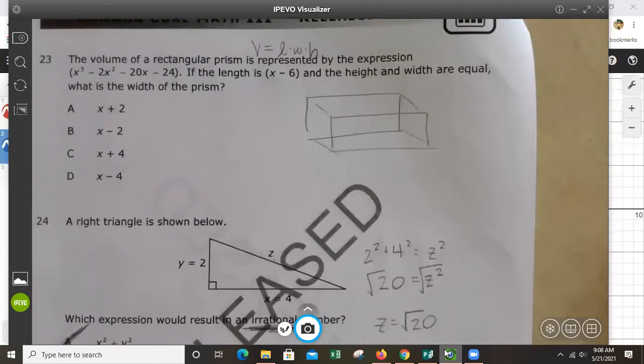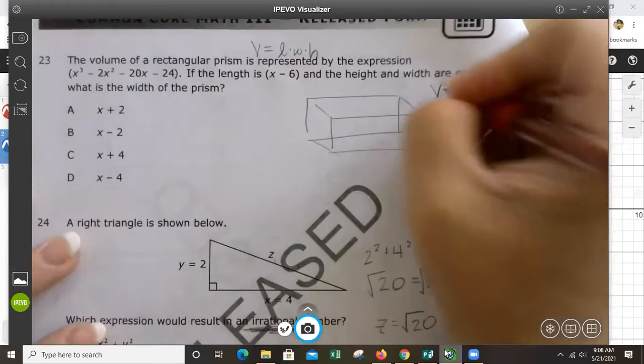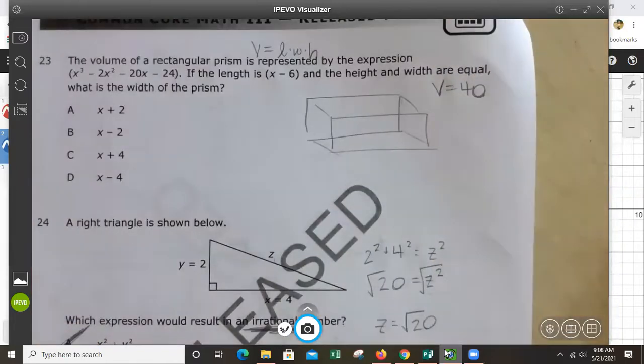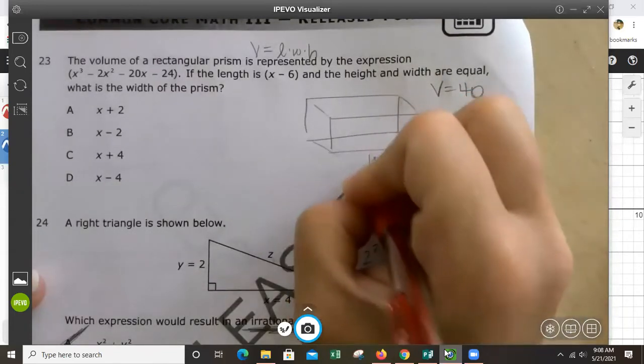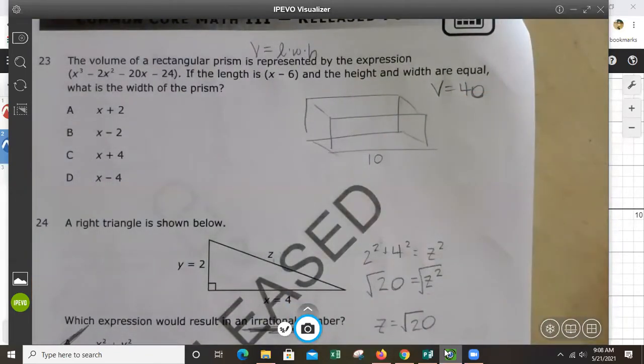So let's say that this volume is, I'm making up my own problem. This volume is 40. It's a random number. I don't care. The length is what they give me. So let's say they give me a length of 10. It don't matter what the length is, okay? You make up your own numbers. And then it tells me that the height and width are equal. So what does that mean? What's equal mean?